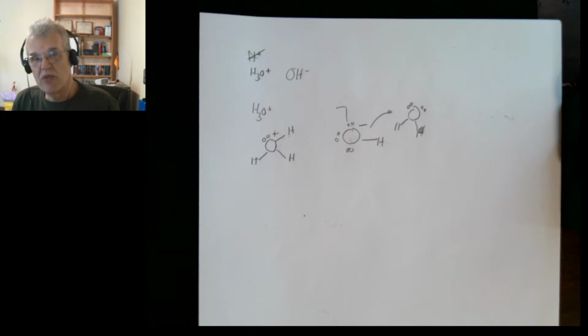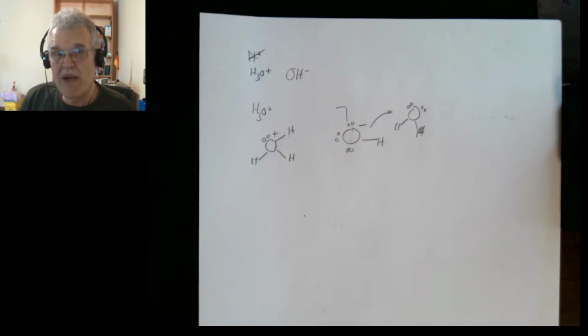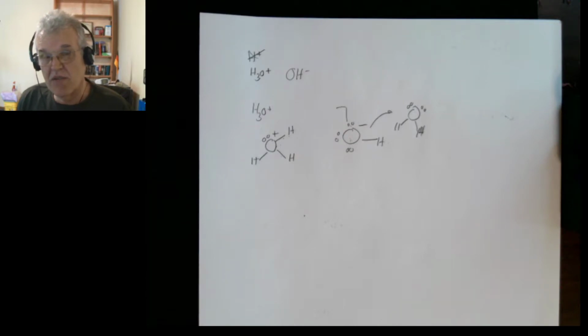The third definition was Lewis, and Lewis was very, very general. It incorporated both Bronsted-Lowry and Arrhenius. It's not used as much. Bronsted-Lowry is very valuable for some insight you can get from it. Lewis acids and bases are very general. They're a little bit tougher to remember because they deal with electron pairs rather than protons, and they kind of go backwards that way compared to Bronsted-Lowry.